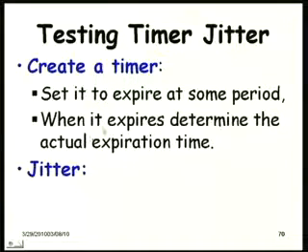And then when it expires, determine the actual expiration time. But how do you determine the actual expiration time? You set it to expire at 1 millisecond. How do you measure the actual expiration time?